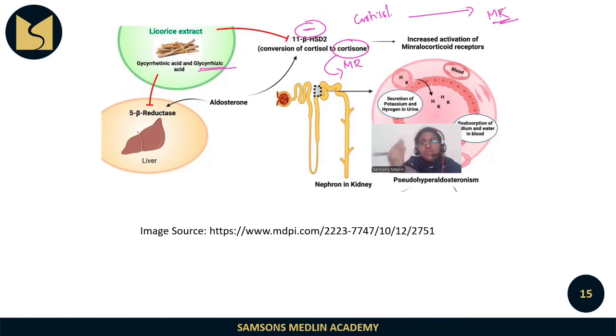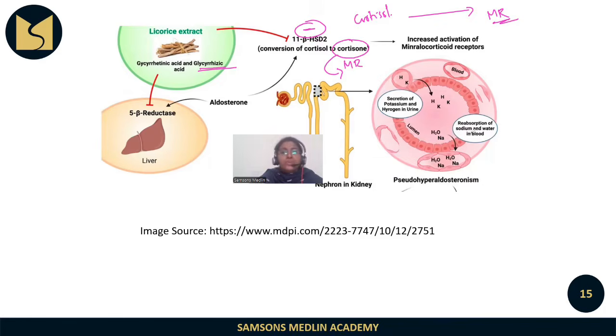When there is overstimulation of the mineralocorticoid receptor, more sodium and water retention will happen. That effect is known as pseudoaldosteronism or pseudohyperaldosteronism. That is why the answer for this question is licorice. All the other drugs mentioned above are not able to induce an aldosterone effect.